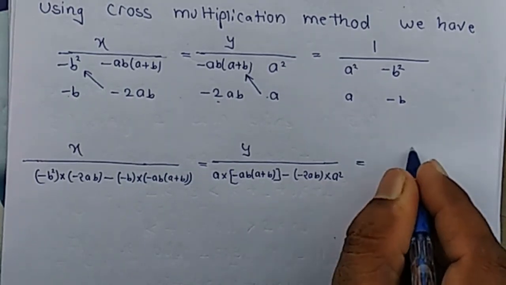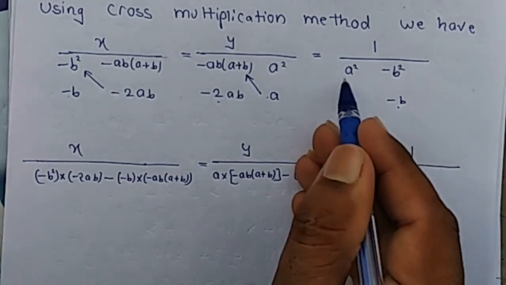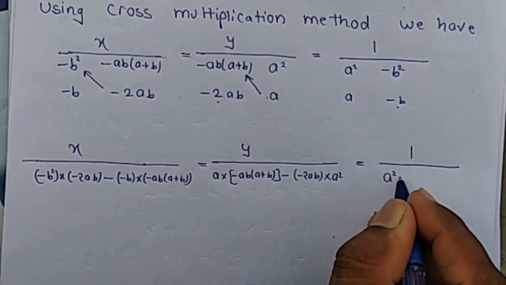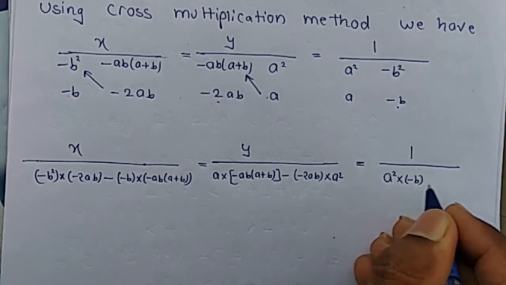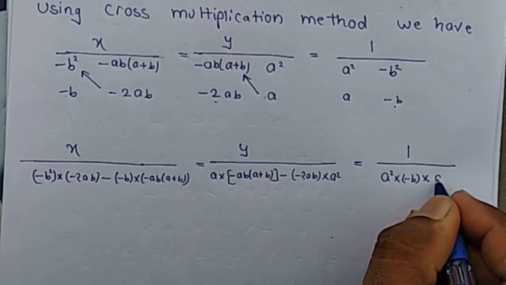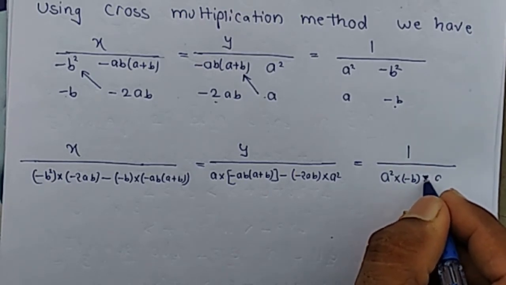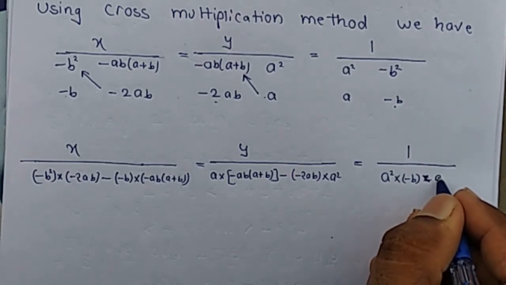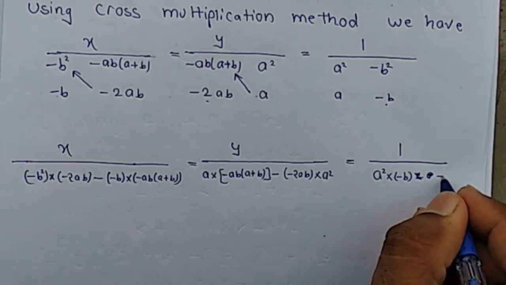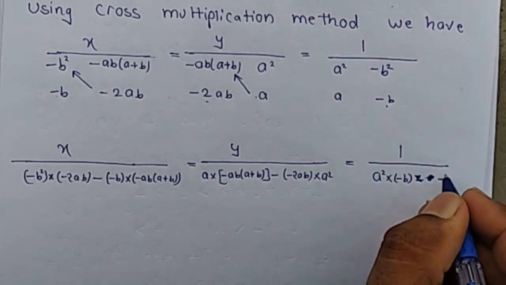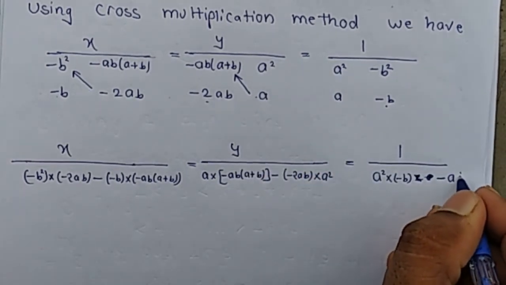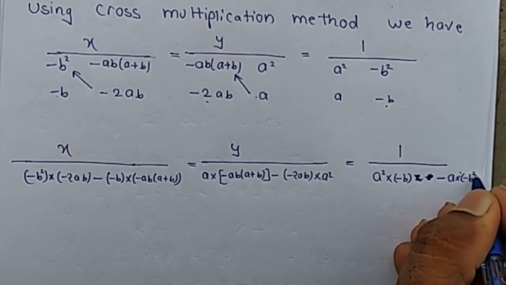Now 1 by a square into minus b into, minus sign, a into minus b square.